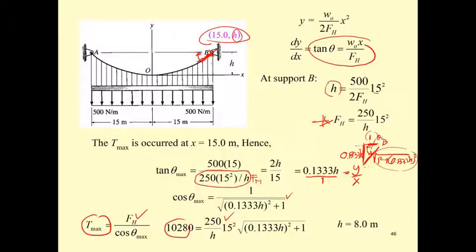And then what we reviewed: the first one, we find the Tmax, right? And the second one, we find the applied force. For the Tmax, we know the applied force. For finding the applied force, they give us the T allowed, which is going to be the Tmax. And the third, we find the geometry of the cable.